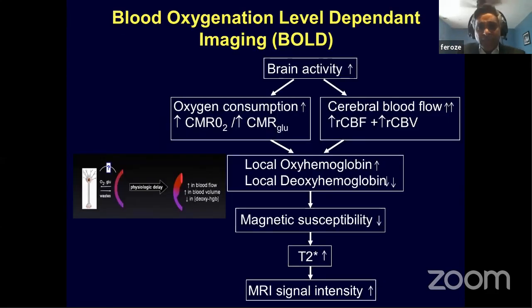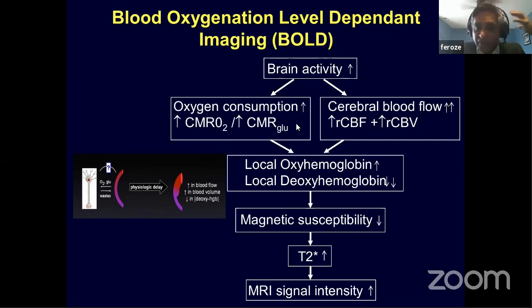So this was the first initial flowchart that he put together in terms of what this potentially means if there is increased brain activity. If I ask any one of you to move your right hand, we all know the left motor cortex gets active. There is a requirement of increased cerebral blood flow. rCBV is increasing, rCBF is increasing because of the need for CMRO2.